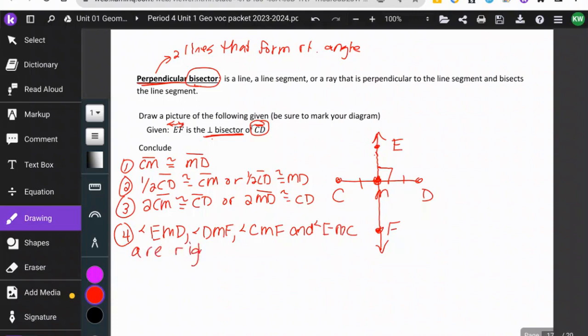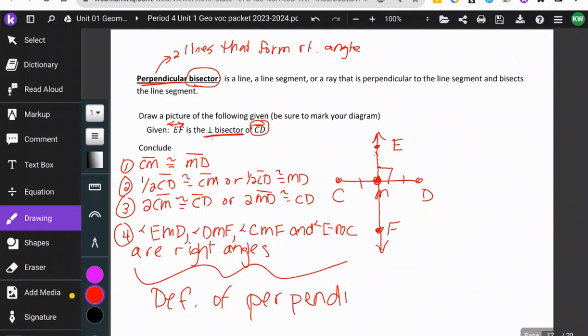Please do not say 90 degrees. Okay, we're going with right angles because the definition does not use 90 in it. It uses right angles. So all of these conclusions above would be based off the definition of perpendicular bisector, that would be your reason.